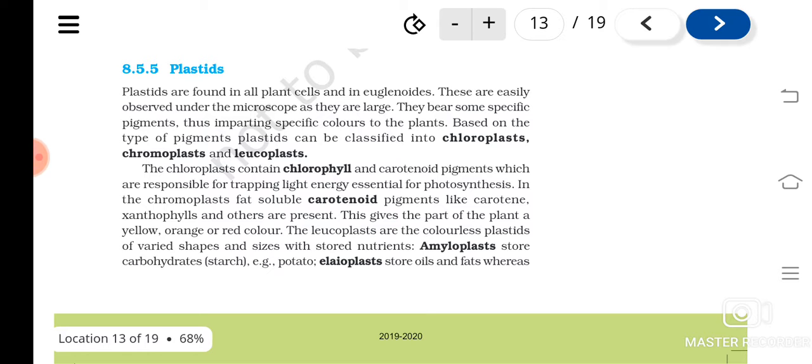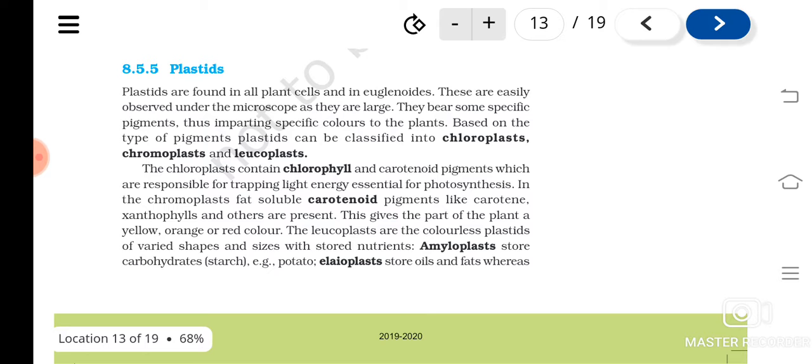Understood? Then the plastids containing carotenoid pigments are known as chromoplasts. And one more type is there. What is that? Leucoplast. Leucoplasts are colorless plastids. They do not have any color or pigments. Actually, they are storing the food materials.